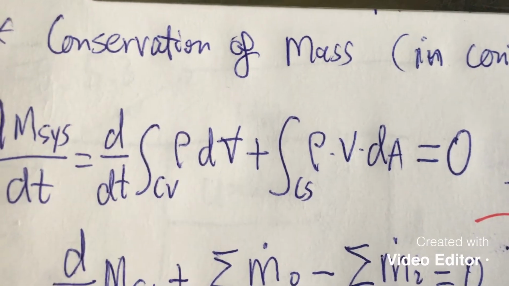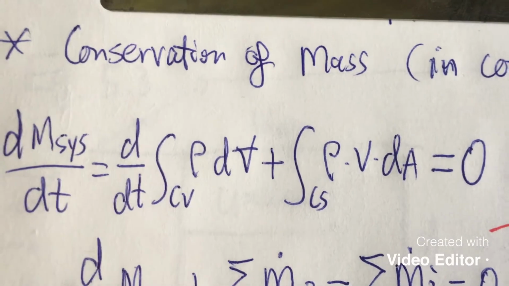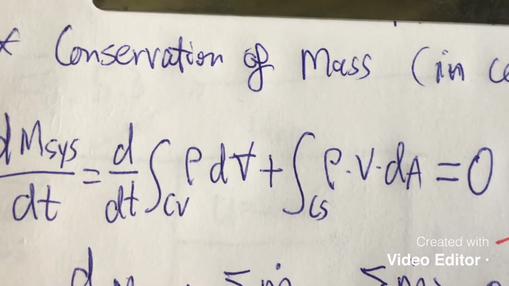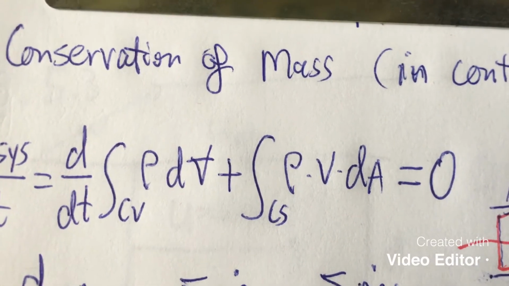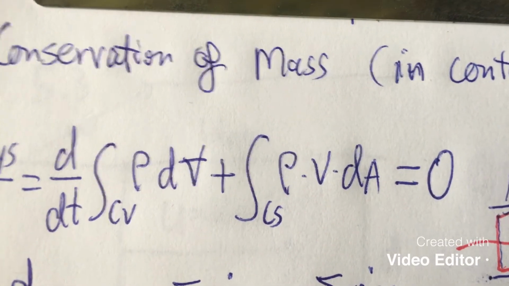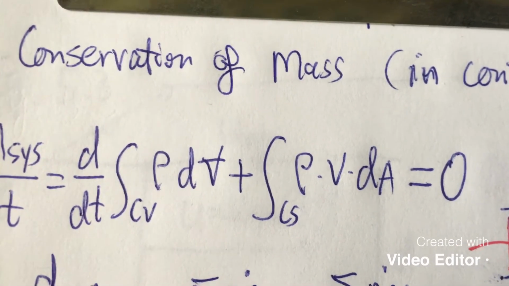So this is the conservation of mass equation. The time rate of change of the total mass in the control volume plus the net rate of mass flowing in and out through the surfaces equals 0.